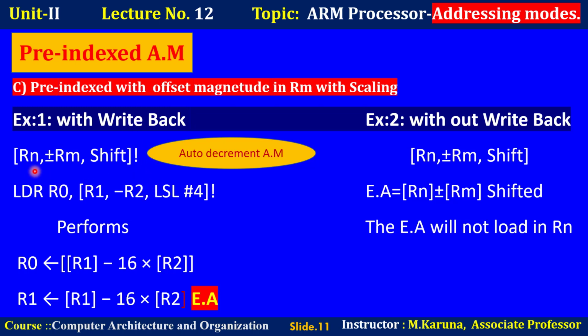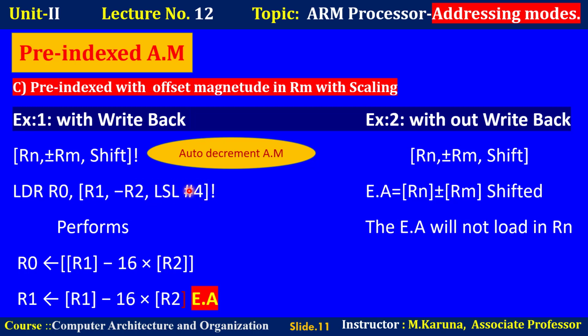So here it is Rn, plus or minus Rm, shift. Again we are using an exclamation mark, because in case of write back we always use an exclamation mark. Here we take the example LDR R0, [R1, minus R2, LSL #4]. Here #4 is the offset value.